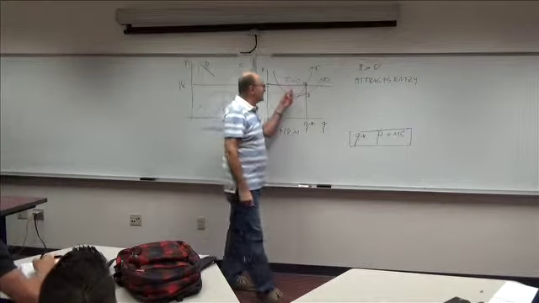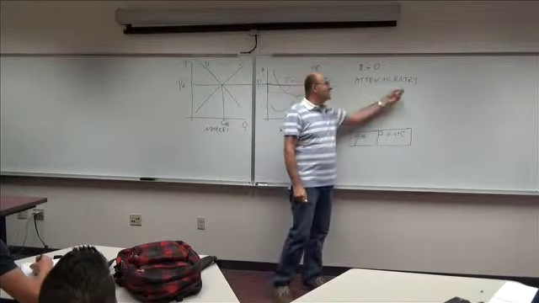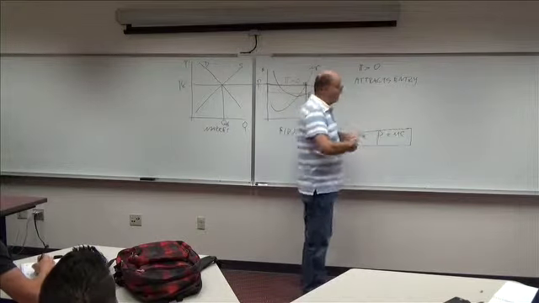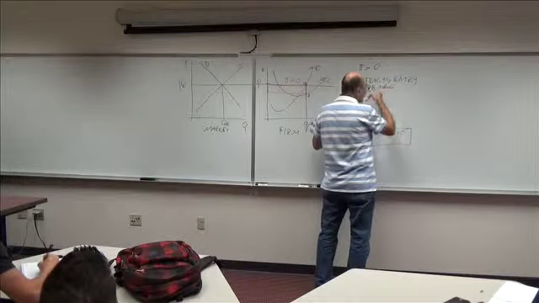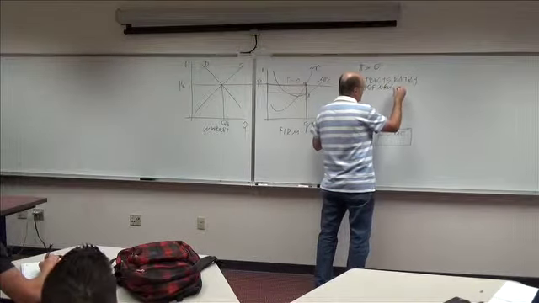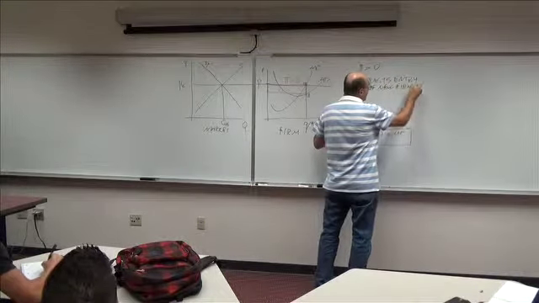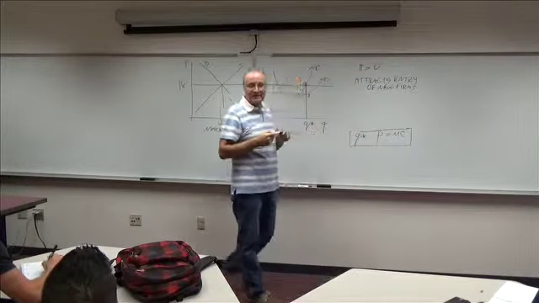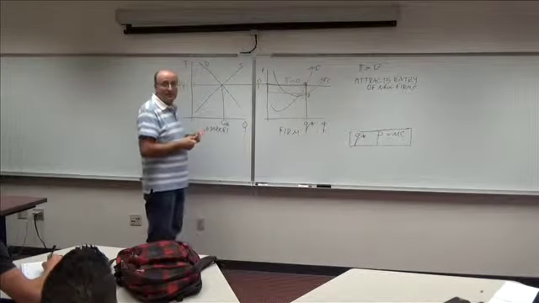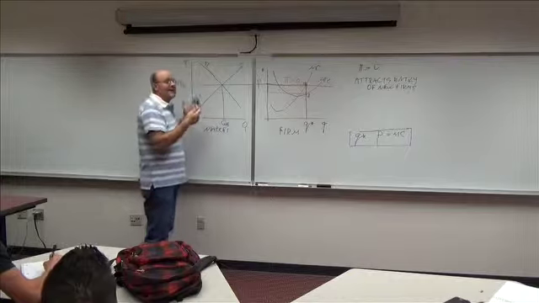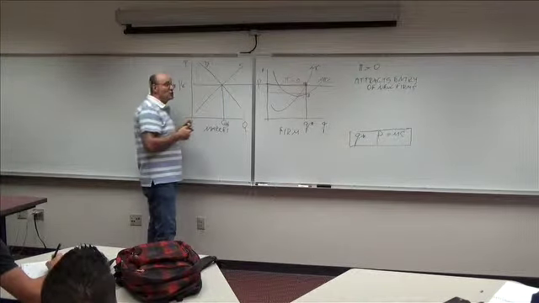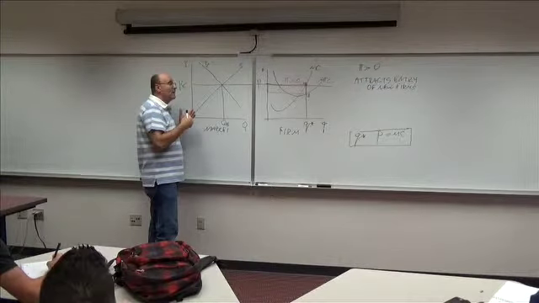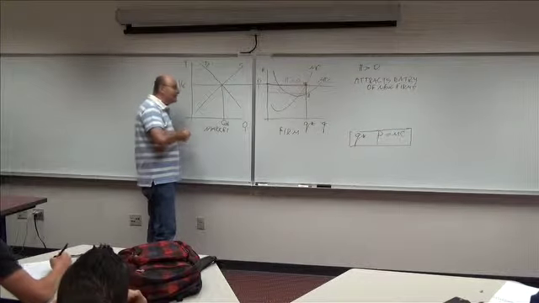So when positive economic profit attracts entry of new firms, what happens to the number of firms in the industry? What happens to the number of firms in the industry when new firms are entering? Increases. Increases, and as the number of firms in the industry rises, which of these two curves shifts? Supply. Supply to where? Right. To the right.